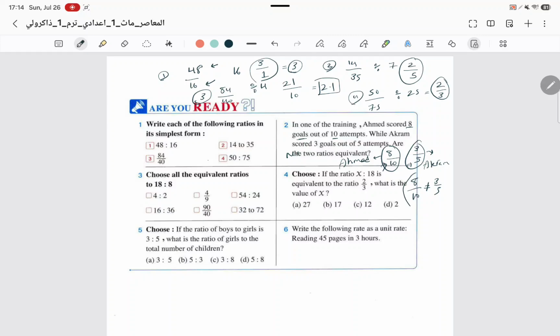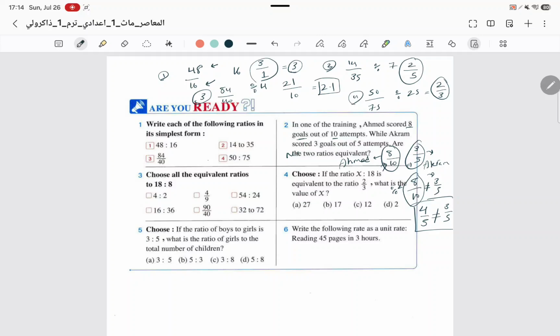We can make 8 over 10 the same form as that ratio by dividing the top and the bottom by 2. So 8 over 2 is 4, and 10 over 2 is 5. So 4 over 5 is not equal to 3 over 5. You got the idea here?